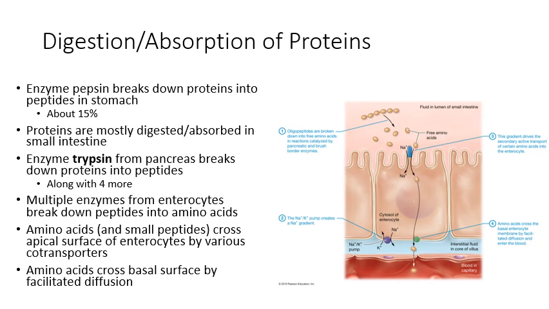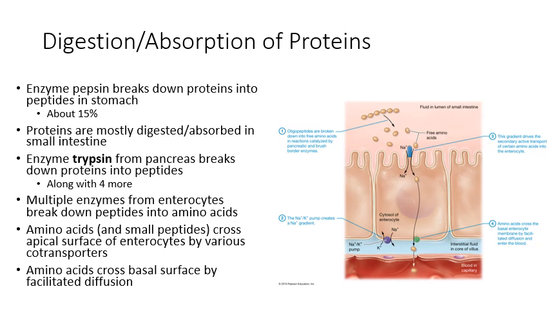So similar to carbs, proteins are also mostly digested and absorbed in the small intestine. The digestion of proteins does begin in the stomach because you have the enzyme pepsin that's released by the gastric glands as part of the gastric juice and is activated by the stomach acid.